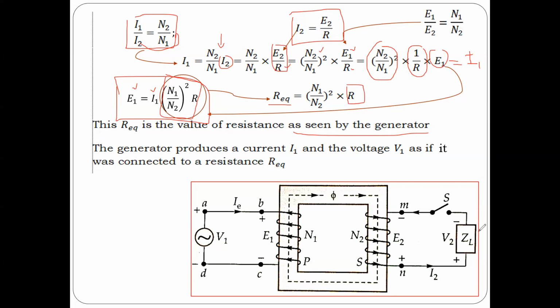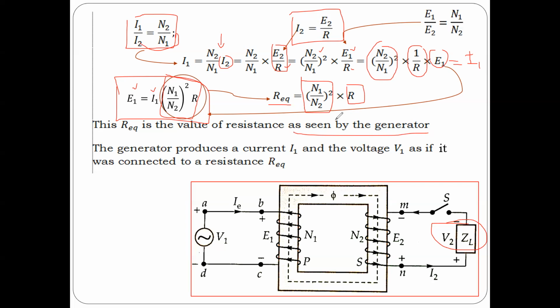So instead of R, what the generator sees is R times the square of the turns ratio. The resistance in the secondary circuit as seen by the generator has changed now.